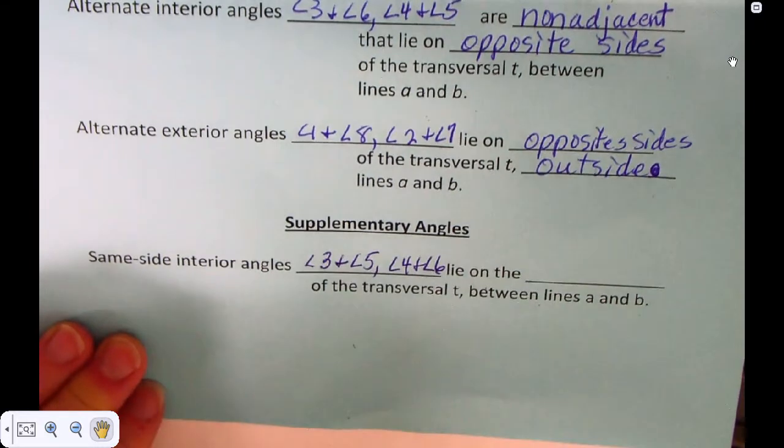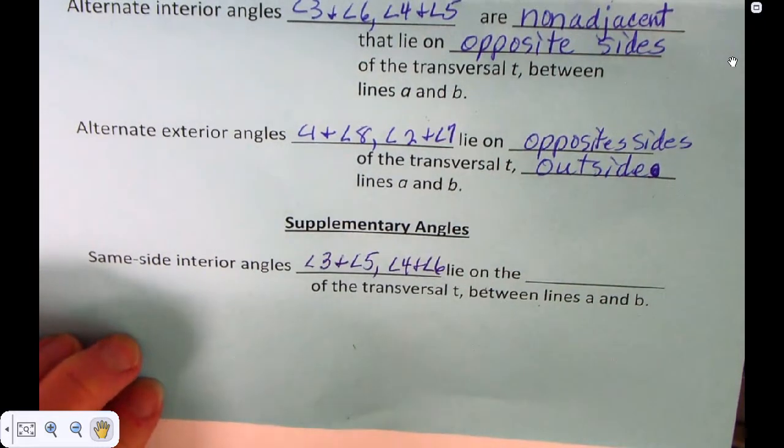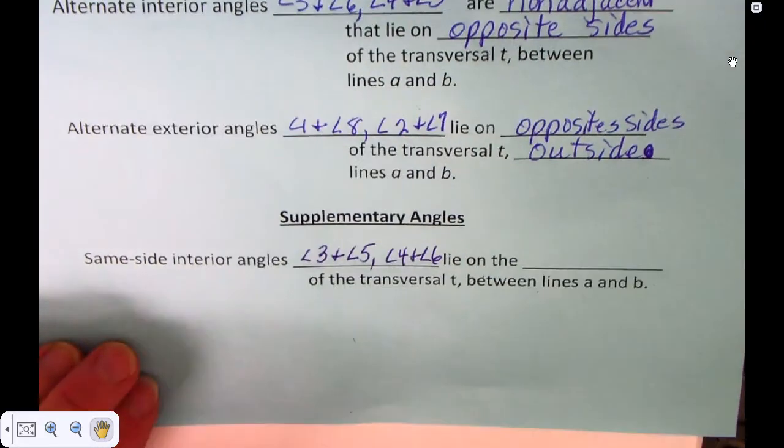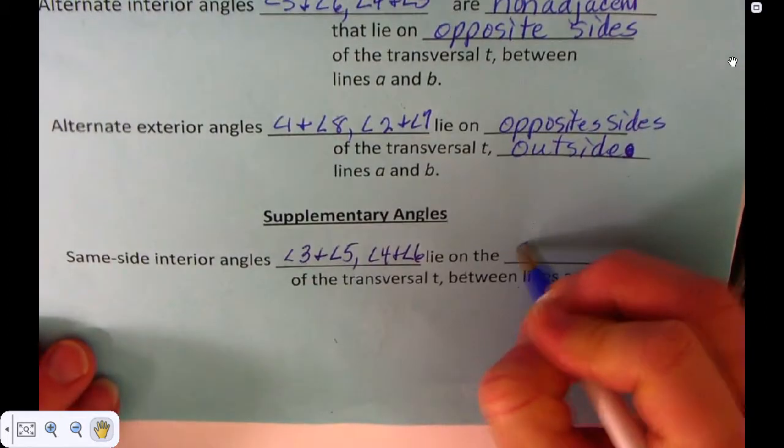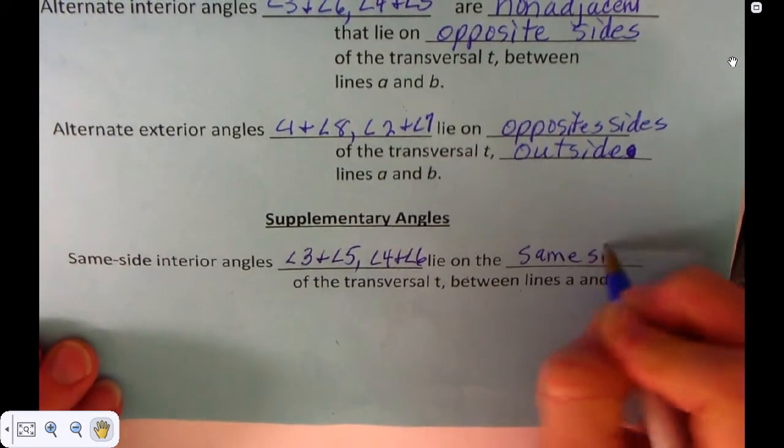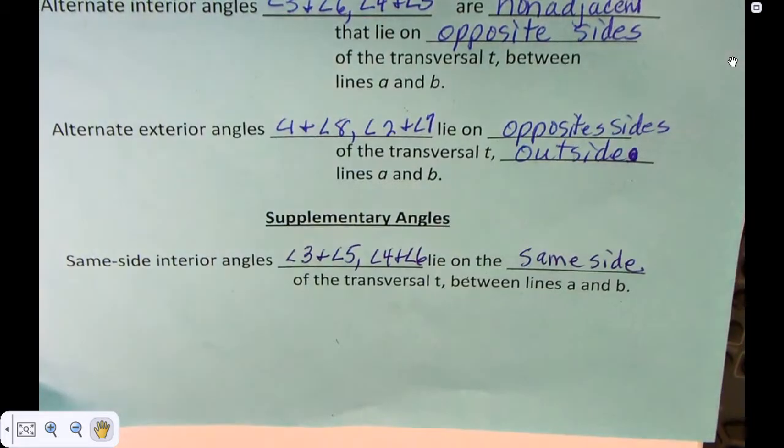Angle 3 and 5, angle 4 and 6 are same side interior. They lie on the same side of the transversal T, between the lines. That's what interior means. Between the two parallel lines. Okay?